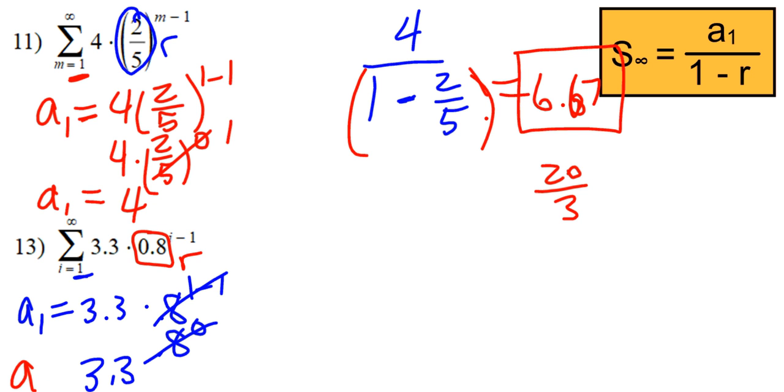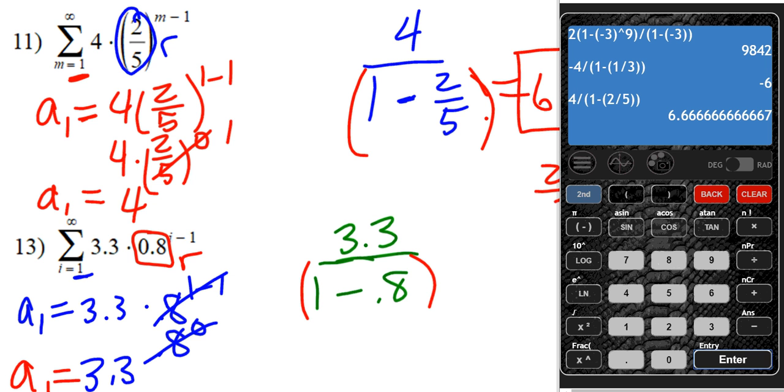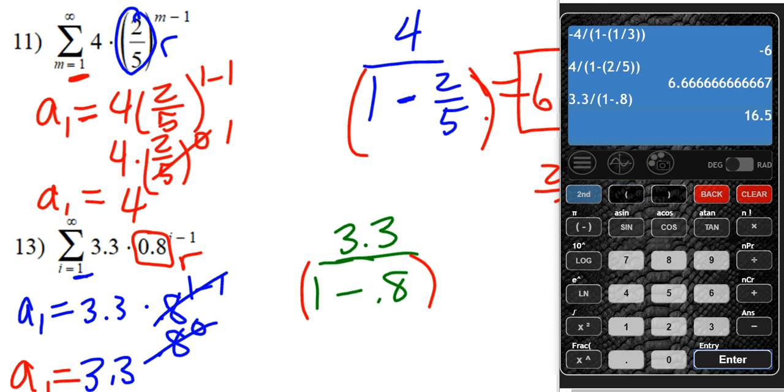So you've got A1 is 3.3, and R is 0.8. You do the exact same thing. A1 over 1 minus R, parentheses, 3.3 over parentheses 1 minus 0.8, which is 16.5.